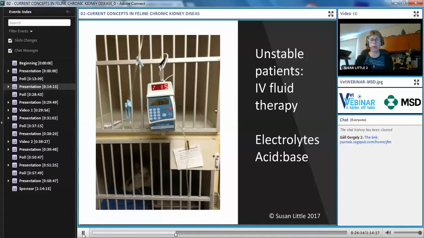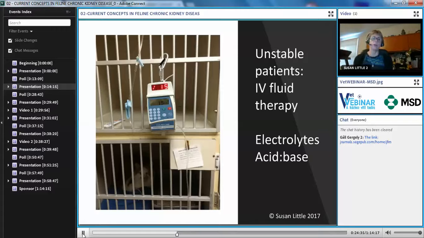Typically, we would aim to replace any fluid deficit over 24 to 48 hours, along with maintenance fluid therapy, and then taper the fluids over the next anywhere from 1 to 3 days, depending on how severely dehydrated the patient was, before we go ahead and send them home.